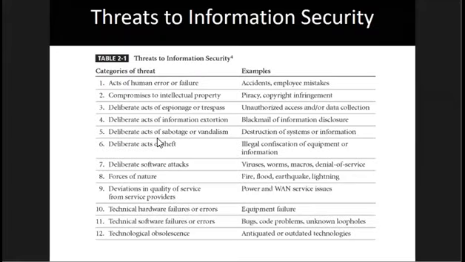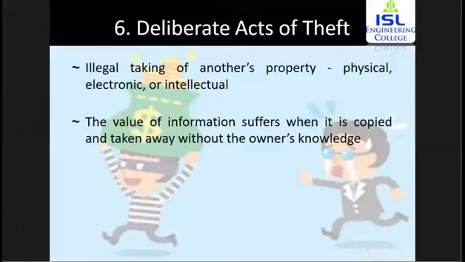We have studied the first 5. We'll start today from the 6th one, that is the deliberate acts of theft. Illegally taking another's property is a deliberate act of theft. This theft can be physical, that is you're physically coming into their office and stealing files, software, electronics or intellectual property.